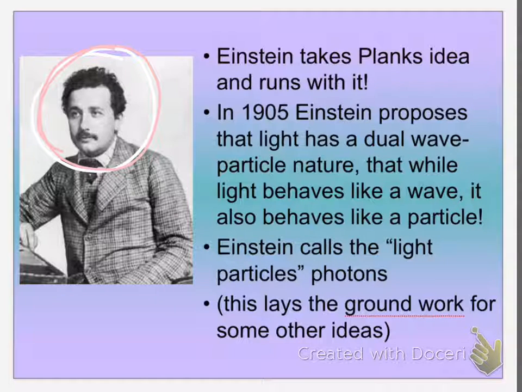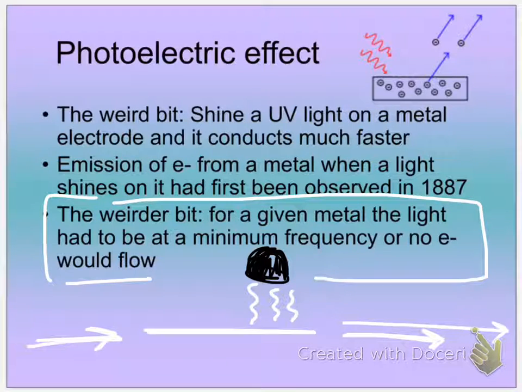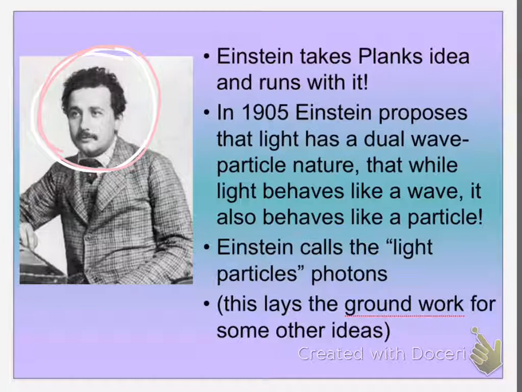Based on the idea of the photoelectric effect, that there are actually chunks of energy being given off, Einstein suggests that perhaps the light that's hitting the metal is also behaving as a particle. So in 1905, Einstein proposes the dual wave-particle nature of light and says that while light does behave like a wave, it can also behave like a particle. He calls the light particles photons.